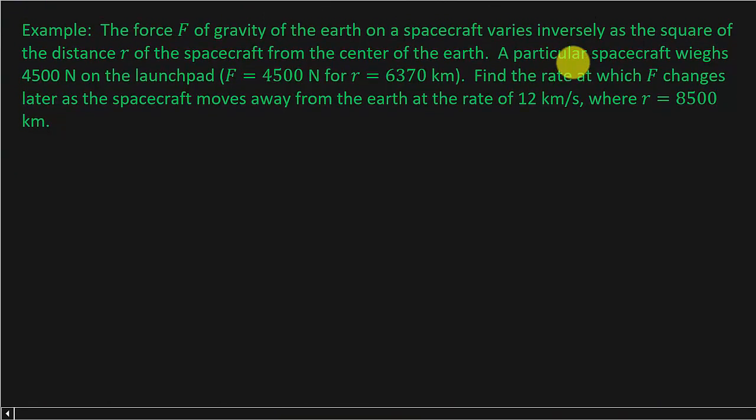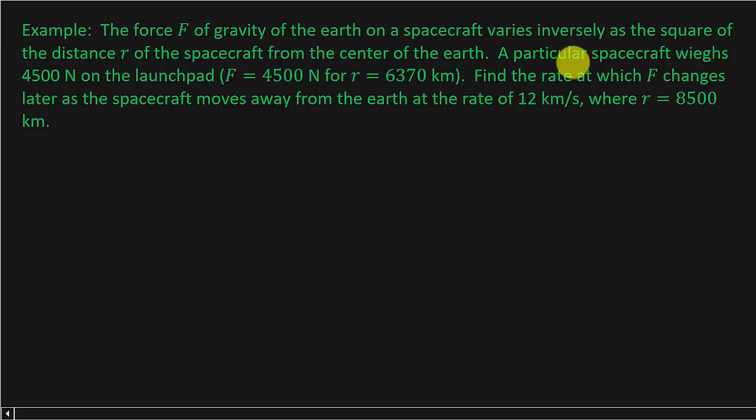It says the force F of gravity of the Earth on a spacecraft varies inversely as the square of the distance r of the spacecraft from the center of the Earth. A particular spacecraft weighs 4,500 newtons on the launch pad.